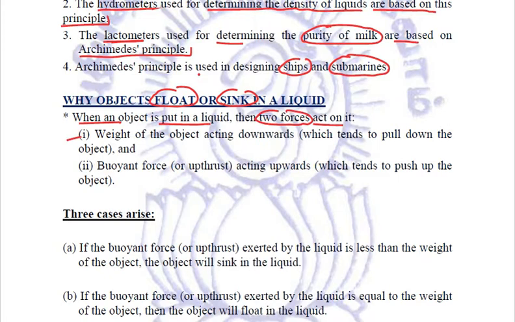The first force is the weight of the object which is acting downwards, which tends to pull down the object because of the acceleration due to gravity which pulls everything towards it. And second is the buoyant force or the upthrust which is acting upwards, and this upthrust tends to push up the object.